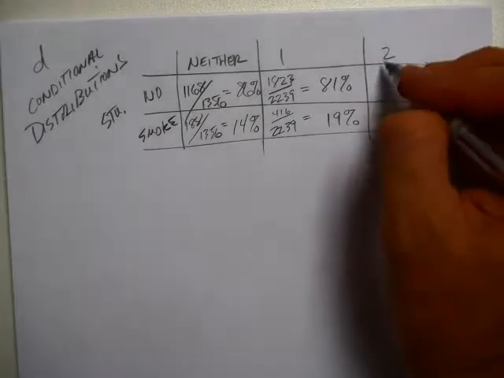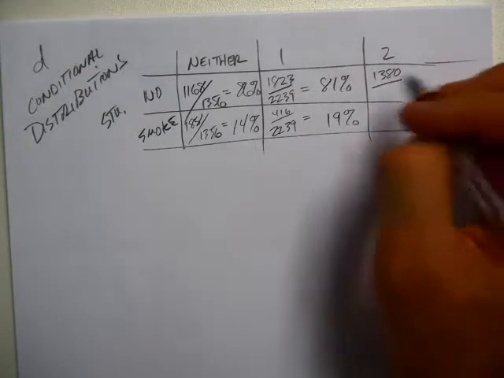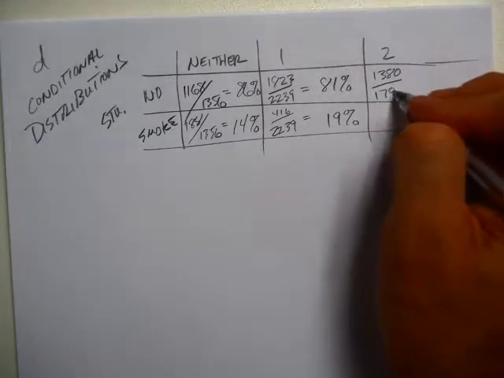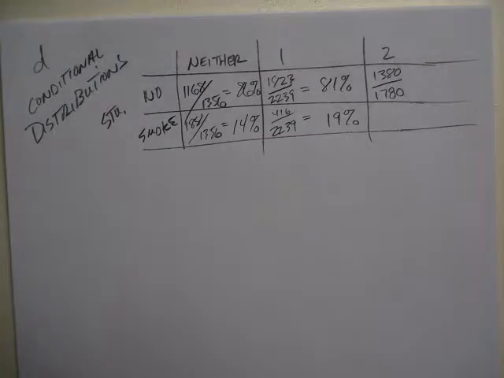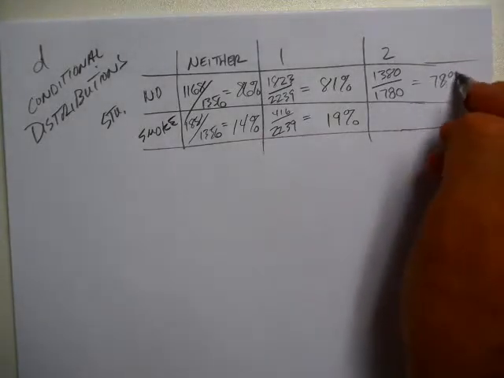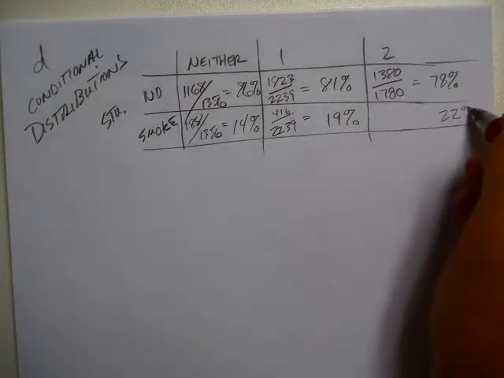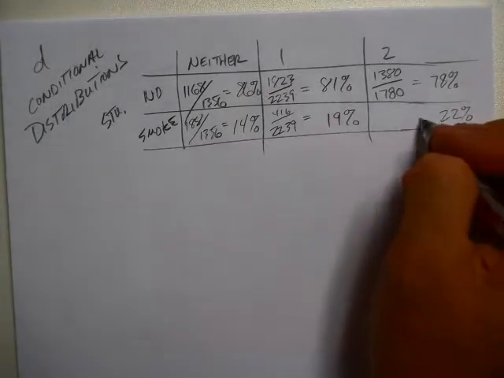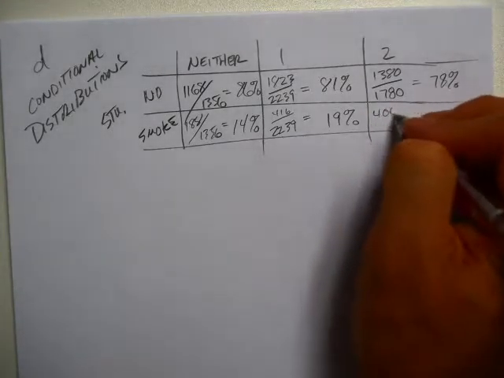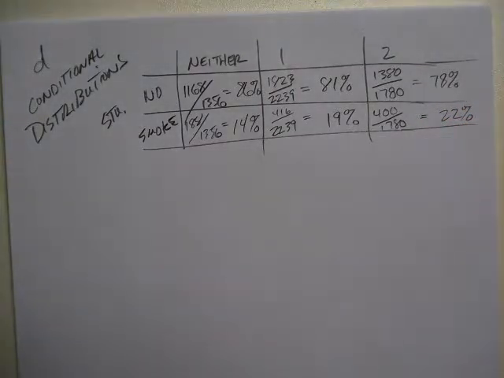In the last column, we've got 1,380 students that don't smoke out of 1,780 total in that category. So we've got 78% where both parents smoke, but the child doesn't. And so that must be 22% where the child does smoke, which would be 400 divided by 1780.